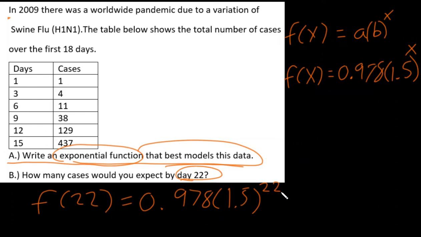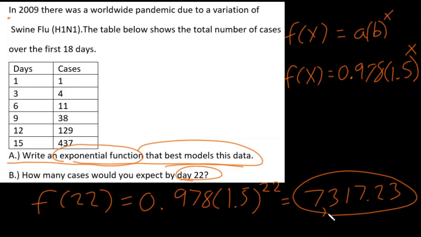And you can go online, you can type in exponential calculators, whatever you have to do to find something, but 0.978 parentheses 1.5 raised to the 22nd power will give us this number right here, 7,317.23.